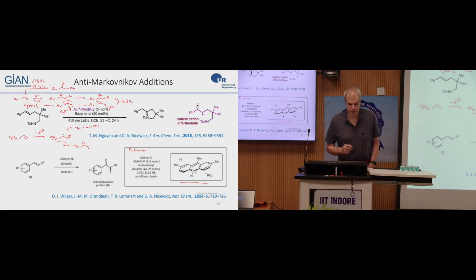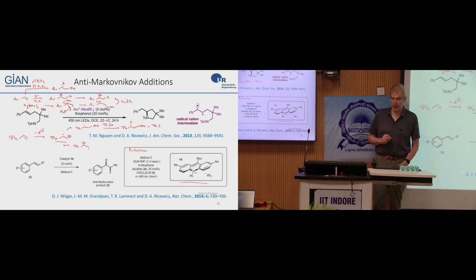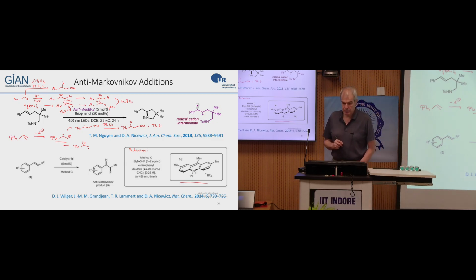And if this can abstract a hydrogen, and you see Nicewicz, he is using thiophenol, and so the thiophenol can deliver a hydrogen because it's a very good hydrogen donor and it can make this thioradical.